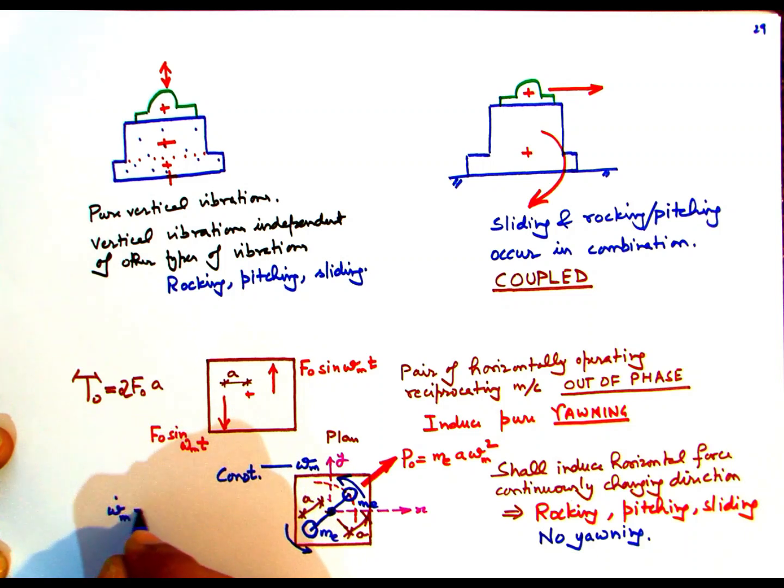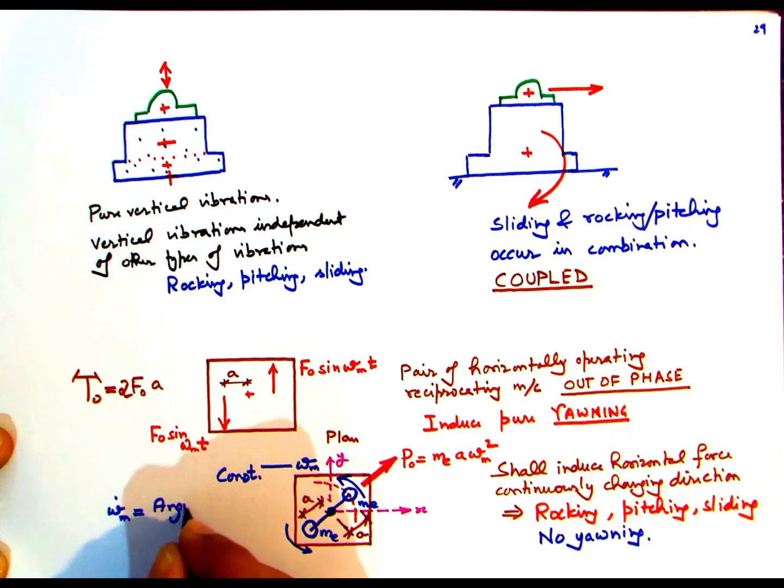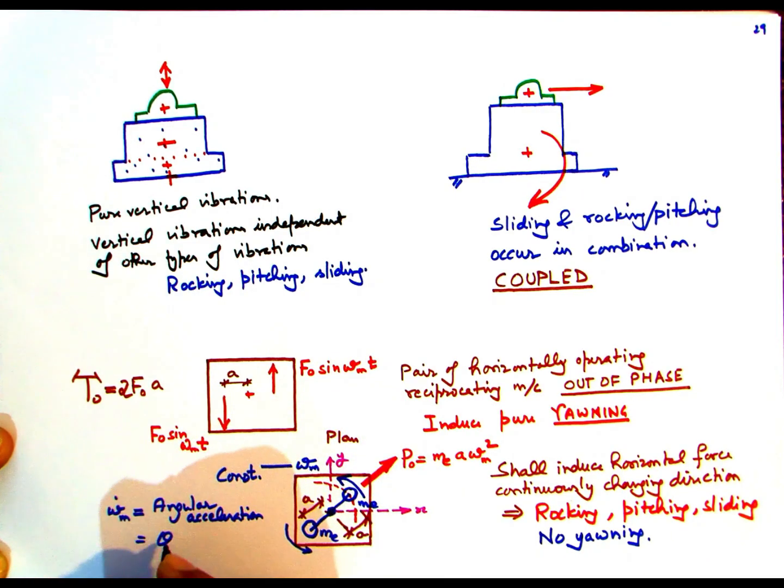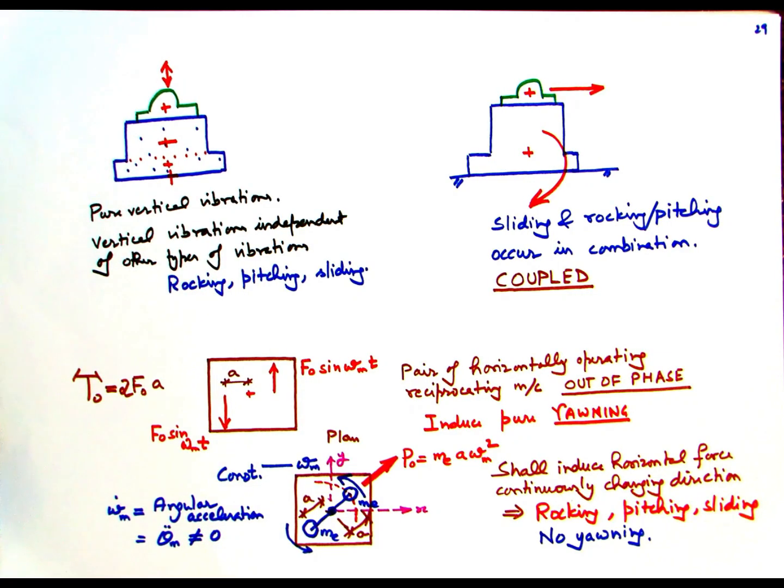However, if the angular velocity is not constant, that is, if the two rotating masses are undergoing angular acceleration, which is the rate of change of the angular velocity, which is also the second derivative of the angle theta, in this particular scenario there will be a horizontal torque produced.